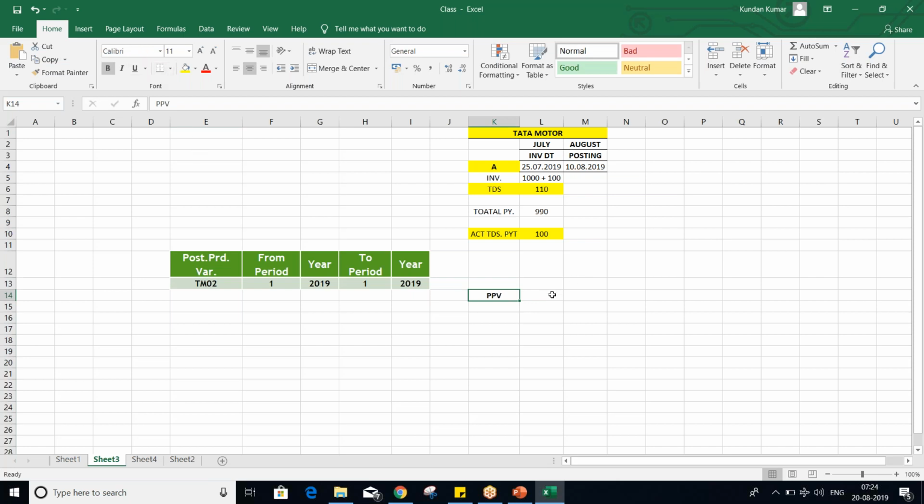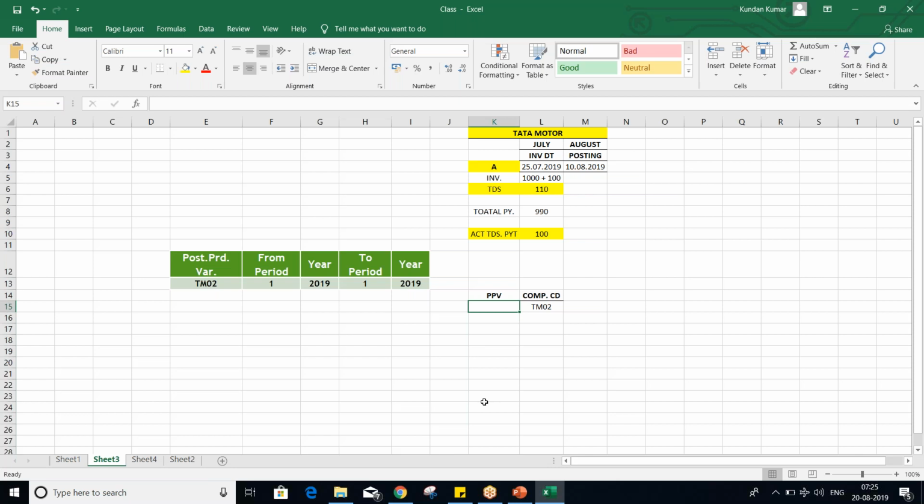We have to define a variant, and the posting period variant is a 4-digit code. Let's suppose our company code is TM02, and I'm going to define the posting period variant with the same code.